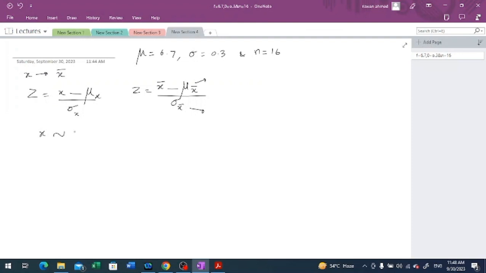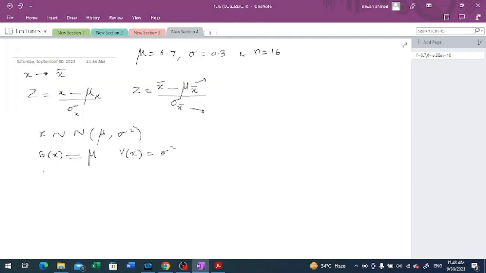First of all we have to use this description that x follows normal distribution with mean mu and variance sigma square. So the mean value can also be referred to as the expected value of x. This expected value of x is equal to mu, and the variance of x is equal to sigma square.